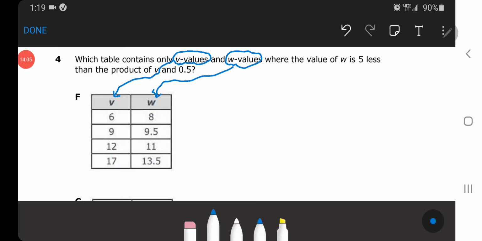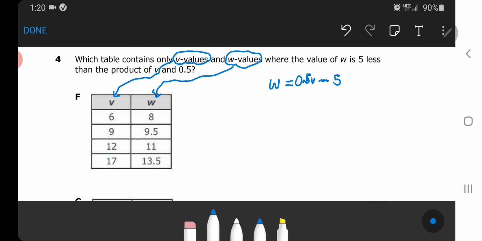Sometimes you want to read this over a couple of times yourself to make sure you get it right. But it's saying W equals 5 less than the product of V and 0.5. When they say product, they mean multiplication. So we're going to take 0.5 times V, and of course, taking that product and finding 5 less, so minus 5.